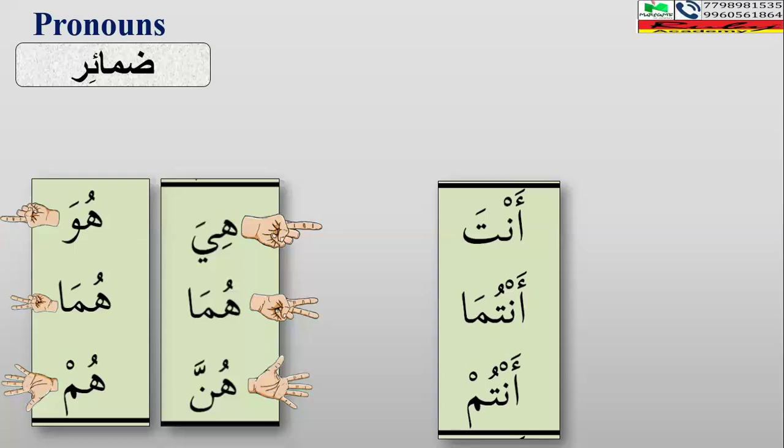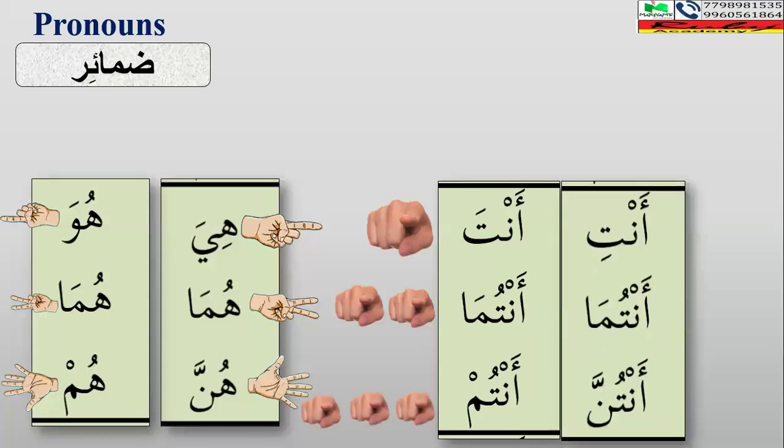Now for the second person. You take your one finger and point out the person who is in front of you. Take again the same, your left hand for masculine: anta, you one; antuma, you two; antum, you two plus. Again, you take your right hand and point out the person in front of you: anti, you one; antuma, you two; and antunna, you two plus.